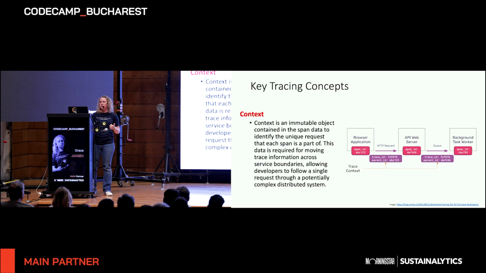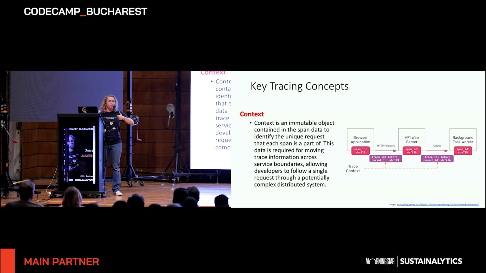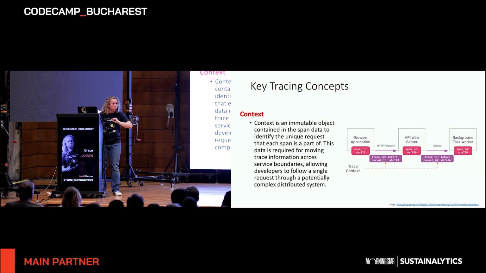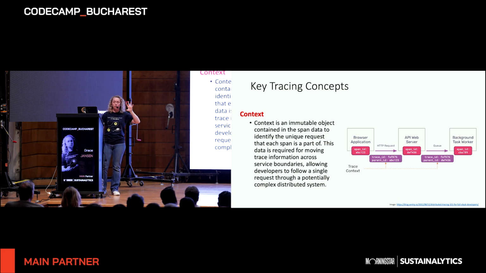So the trace ID, this is normally the same trace information. It's a unique identifier that allows us to understand that that particular span is part of that particular trace. So we know it's all part of the same request or the same transaction going through our application. The parent identifier is actually the span ID of the parent that spawned the current operation.